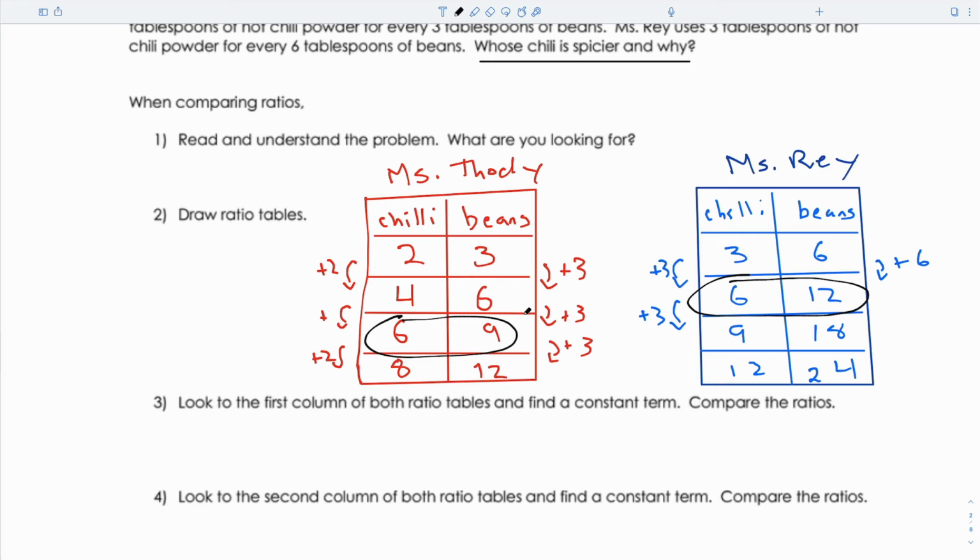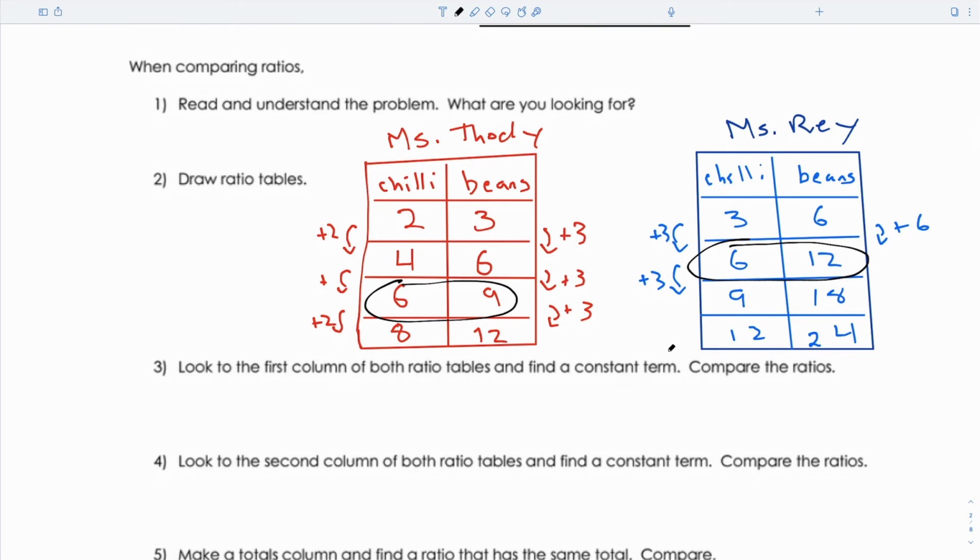Would you have a spicier recipe if you add more beans to this spice? Well, no. If you have more chili and less beans, you're going to have a spicier recipe. So I'm comparing the ratios of 6/9 to 6/12, and well, 6 over 9 I know is going to be spicier because there's less beans to dilute it. That's one way that I'm comparing.